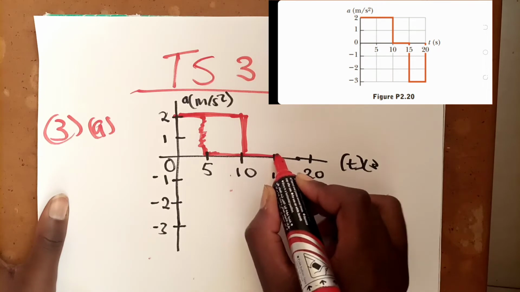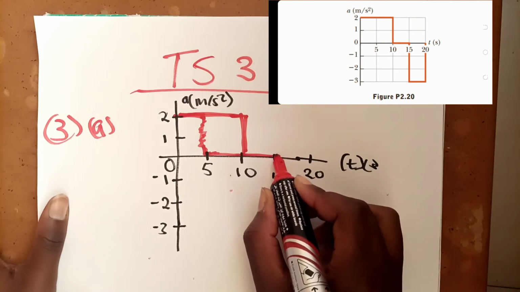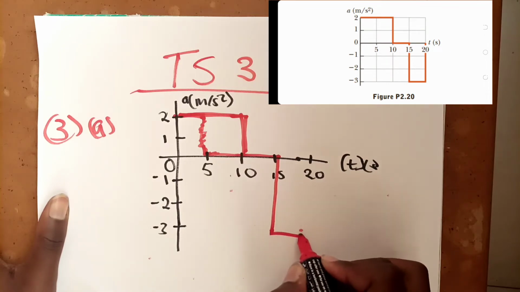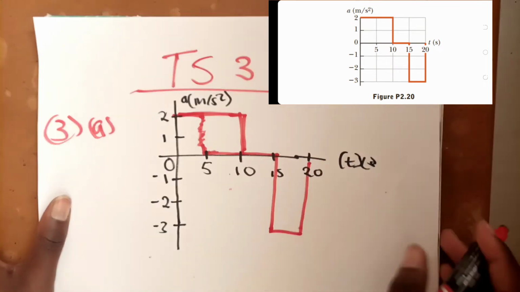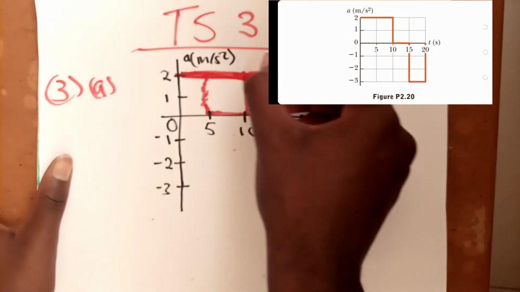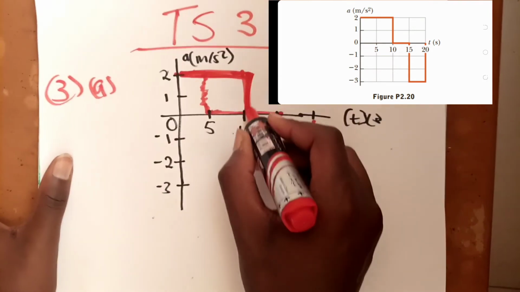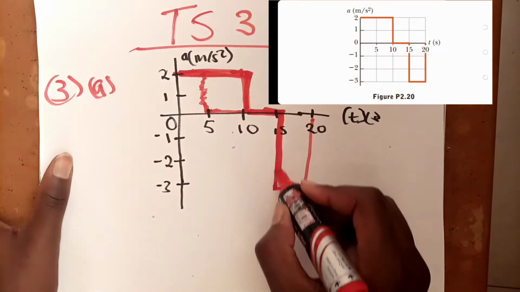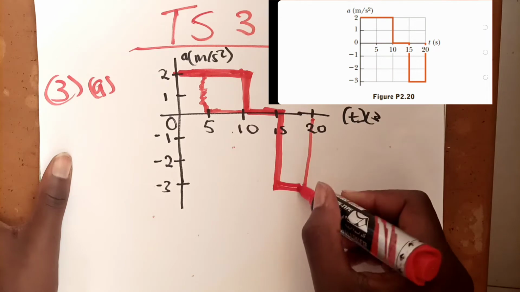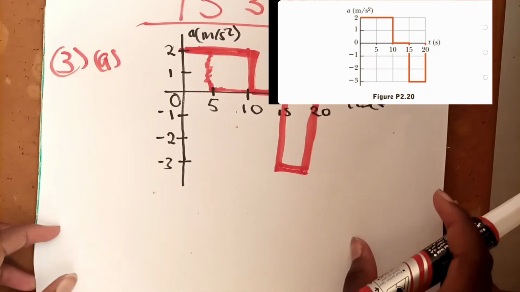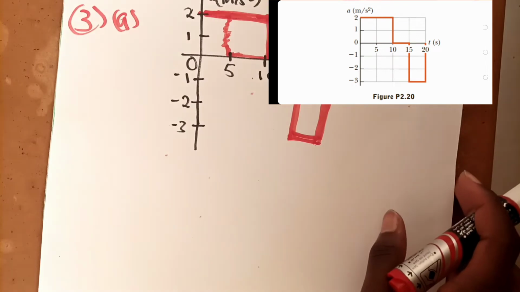It goes to 15 where there is 0 acceleration, but there is velocity definitely. Goes to 3 and then to 20. So this is our motion of the vehicle. Let me just shade it. Since we've drawn our graph, now we're going to start with the questions.